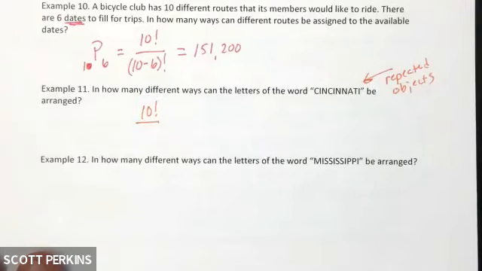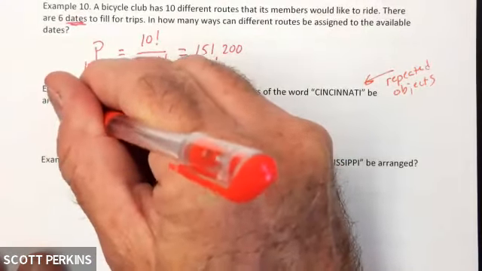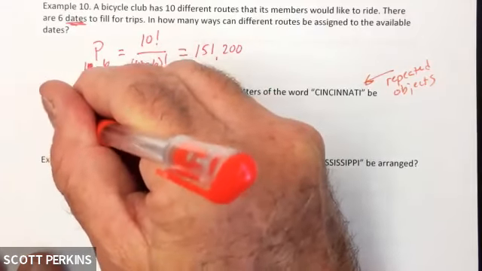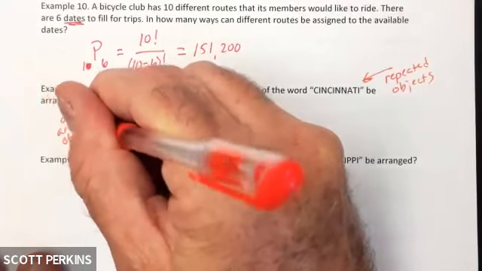Once again, the 10 factorial, that is the ordered arrangement of all the letters.